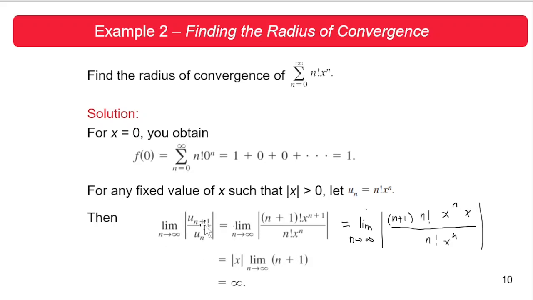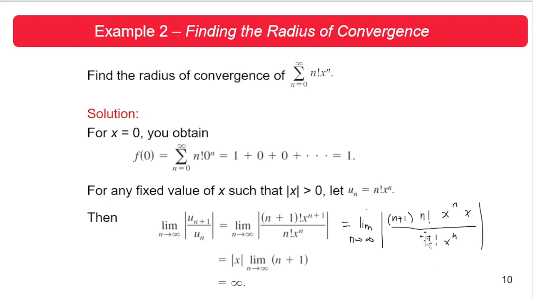But u sub n+1 can be obtained from u sub n by replacing all the n variables by n+1. So we get (n+1) factorial times x raised to n+1, all over n factorial times x raised to n, as n approaches infinity. But (n+1) factorial can be written as the product of n+1 and n factorial, while x to the n+1 can be factored as x raised to n times x.